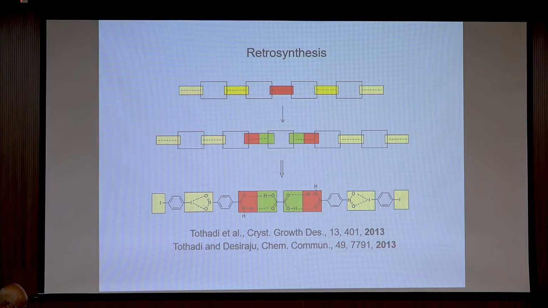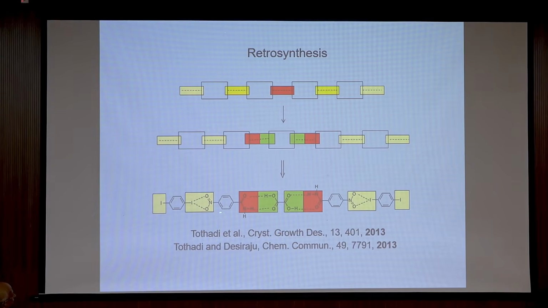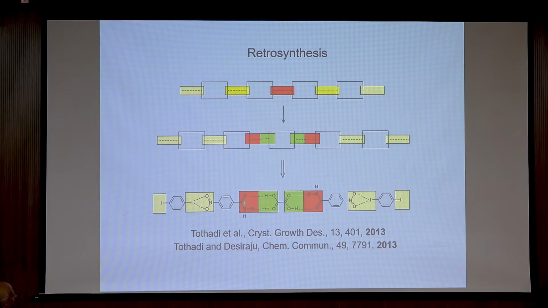Put the third component. So I take my diiodobenzene, I put my para-nitrobenzamide, and then I put oxalic acid, because I know that these acids and amides also like to club. Now why do you get these structures at all? In all these structures, please remember there is a hierarchy of interactions.